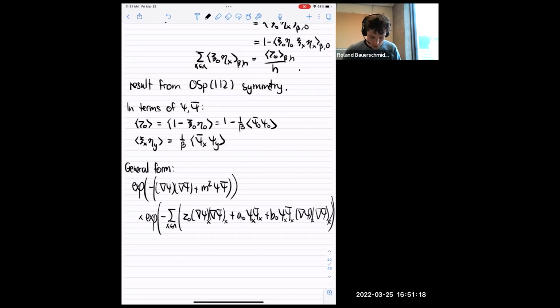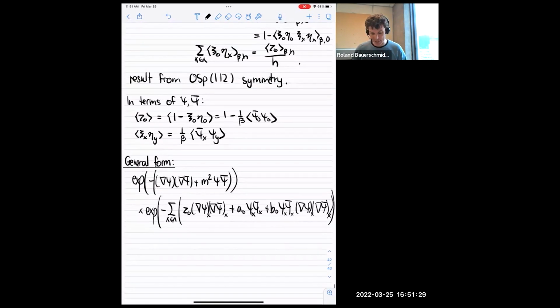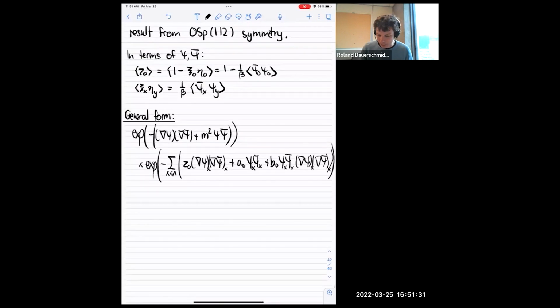So generically, it looks like this for suitable choice of these parameters M, Z naught, A naught, B naught. But in fact, for very specific choice of these. And the way we can go about studying the above model is by first studying this general model with general parameters and see what we can say about it.